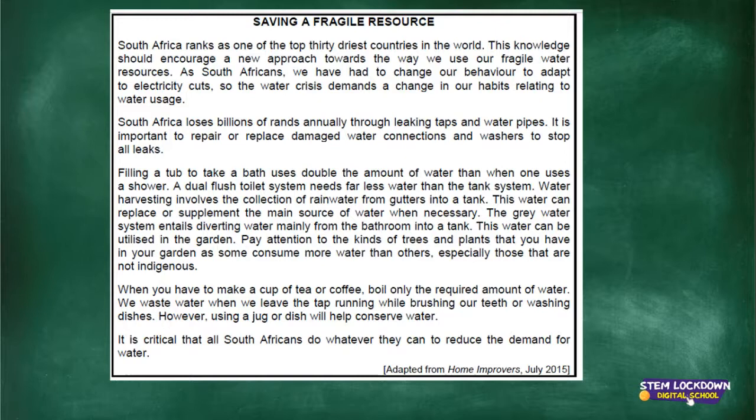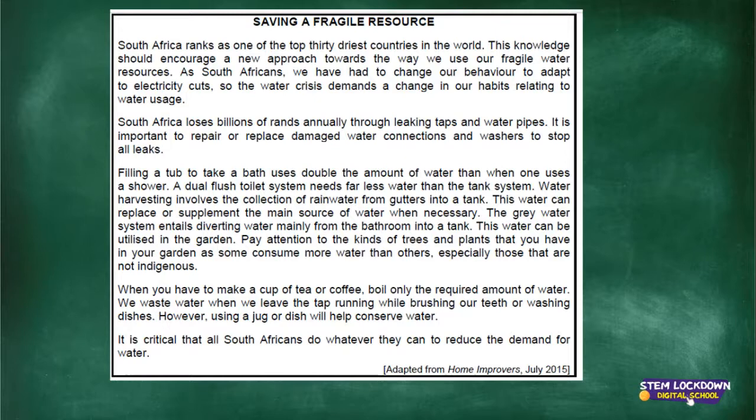What other word can I use instead of repairing? I go for my fixing. What is it that I'm supposed to fix? I'm supposed to fix leaking taps, replace damaged water connections, and washers to stop all leaks. So what would be the answer or effect from there?